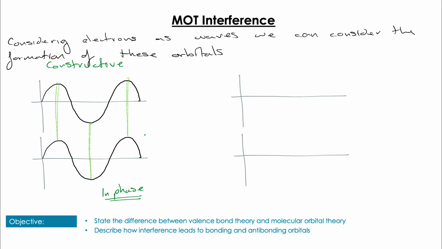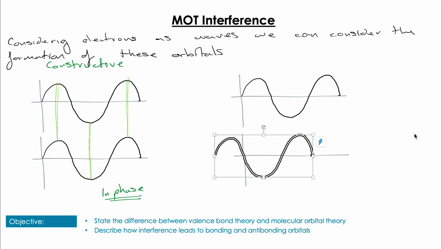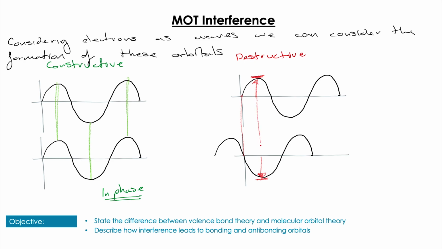However, we can also have destructive interference, in which the phase is out and the peaks and the troughs of each wave exactly cancel each other out. This is called destructive interference.